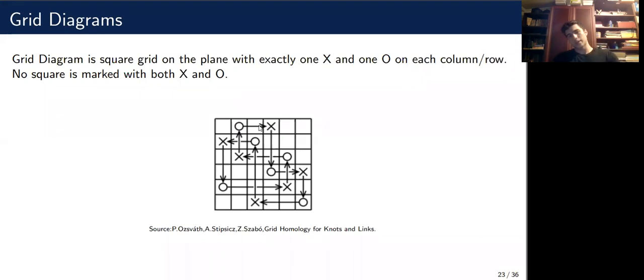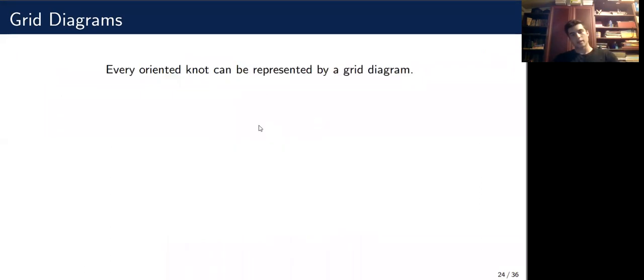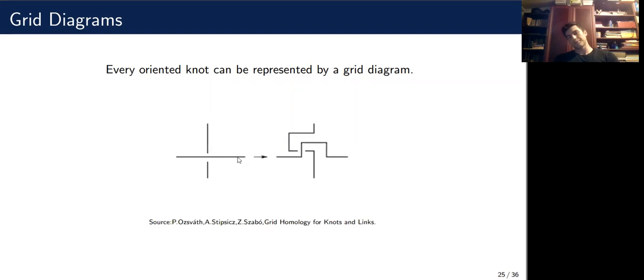And conversely, given a knot, we can easily find the corresponding grid diagram. First, we can put it in a form that consists only of vertical and horizontal segments. And then if a vertical segment is under a horizontal one, we can apply the following move. And then the projection would be ready to transform into a grid diagram.